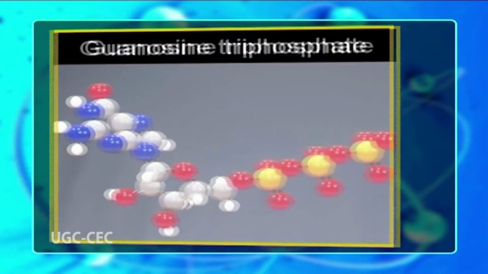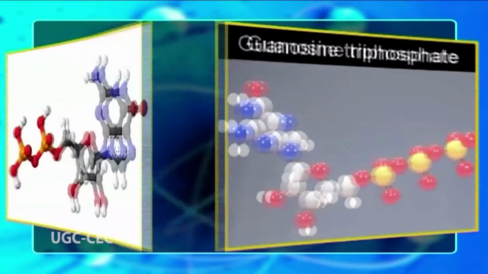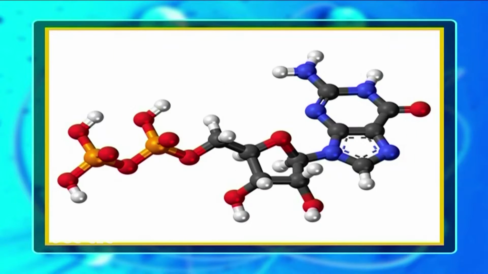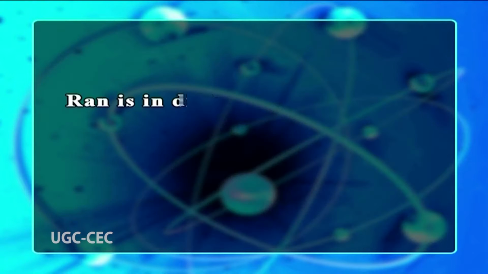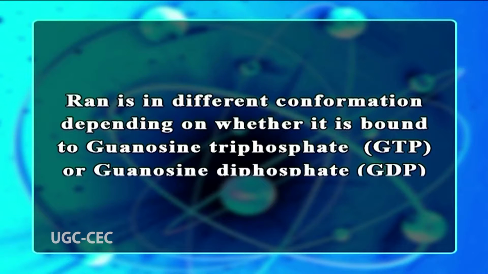GTPases are enzymes that bind to the molecule called guanosine triphosphate, abbreviated as GTP, which they then hydrolyze to create guanosine diphosphate and release energy. RAN is in a different conformation depending on whether it is bound to GTP or GDP.